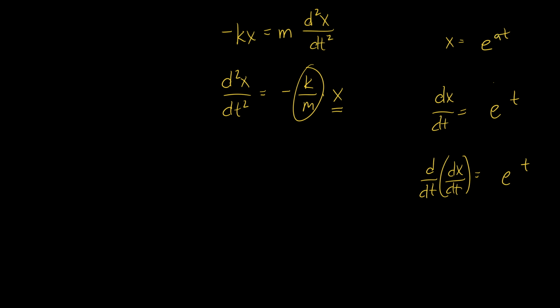All right, e to the at. When I take the derivative of e to the at, what do I get when I take the first derivative? a times e to the at. Excellent. When I take the second derivative, what do I get? a squared e to the at. Excellent. I have my original function, and I have a constant.